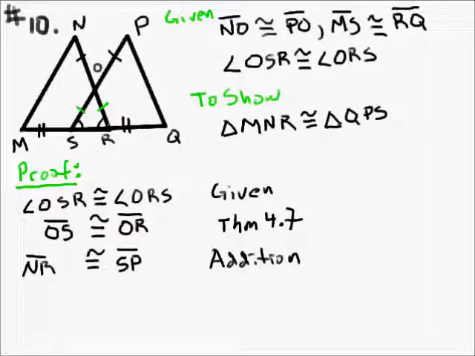Take a look at this, line segment SR. What I'm looking at here is that I've got this congruent, NRM, congruent to PSQ. So I've got two angles congruent. I'm going to get the two sides that border that angle congruent as well.